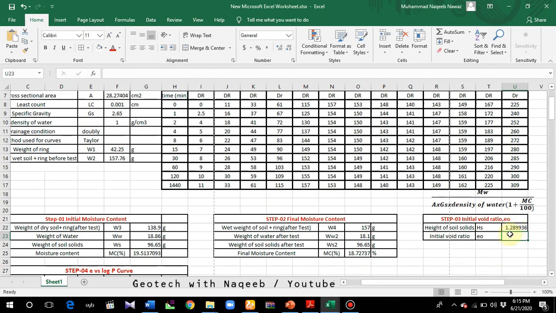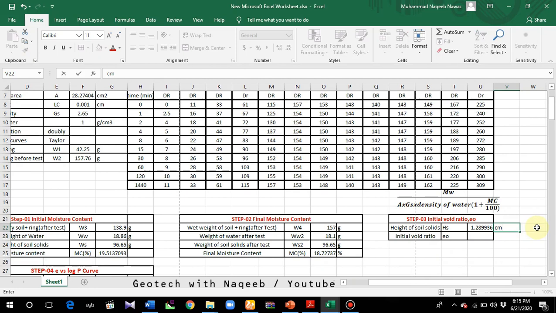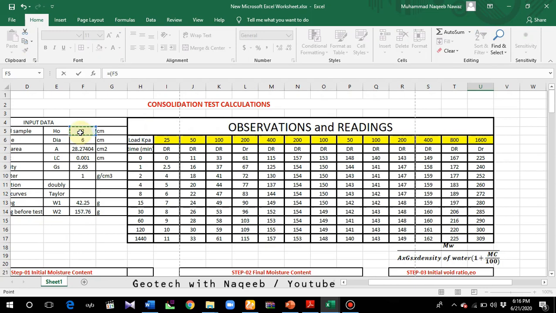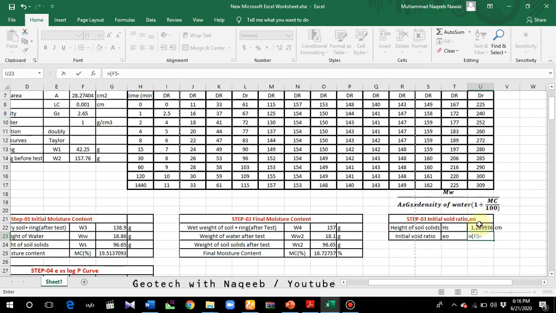Okay, so here is the value of Hs, in centimeters, 1.29 centimeter is the height of soil solids. So now e naught is equal to H naught, that is 2 centimeter, minus Hs, this value, divided by this value. Okay, so this is the initial void ratio.